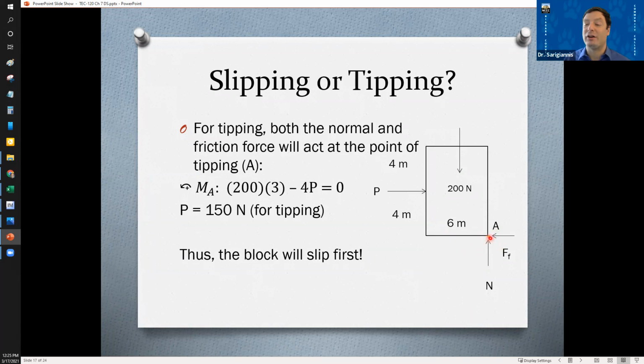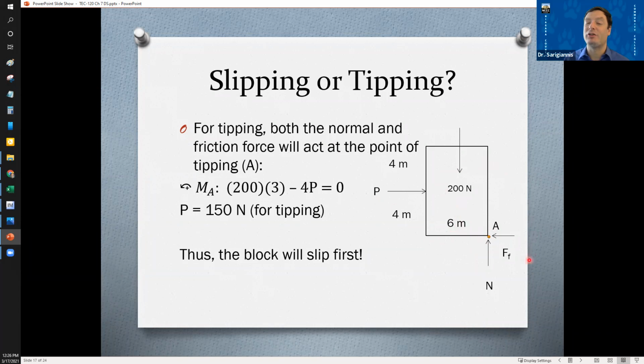The worst case scenario is this corner has to overcome friction, and all the normal force is located there. So what do we need to do for tipping? With tipping, you're taking all the 200 newtons and putting it onto that point, and all the friction is also acting at that point.